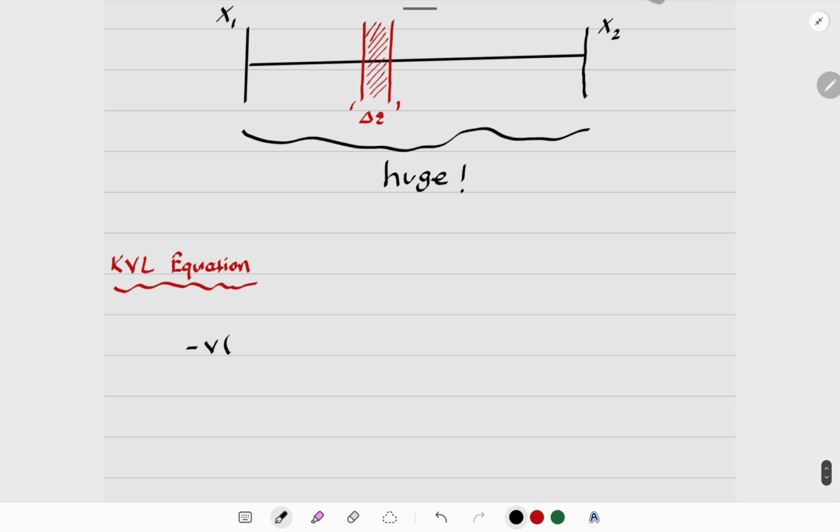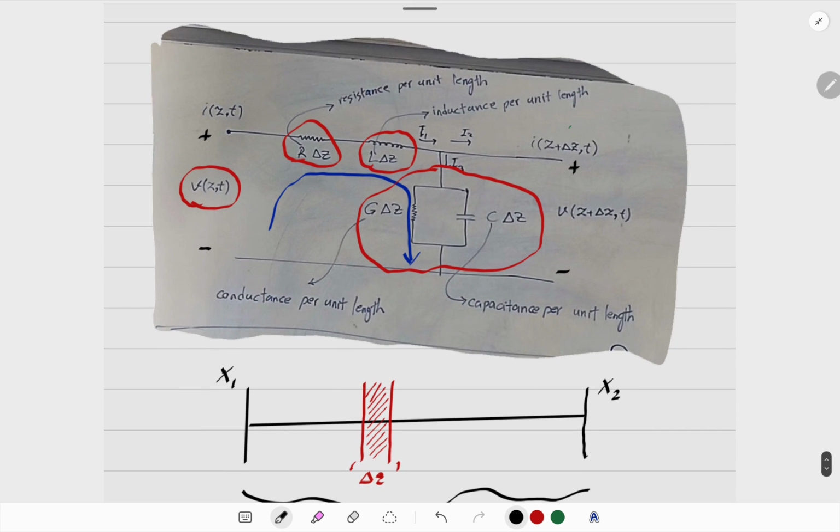Minus V(z,t) plus R times delta Z, but remember that for Kirchhoff's voltage equations, we need R and I in order to get V. From Ohm's law, we remember that V equals I times R. This is why for this particular voltage I didn't write anything but just V. But for the resistance we also need I here.